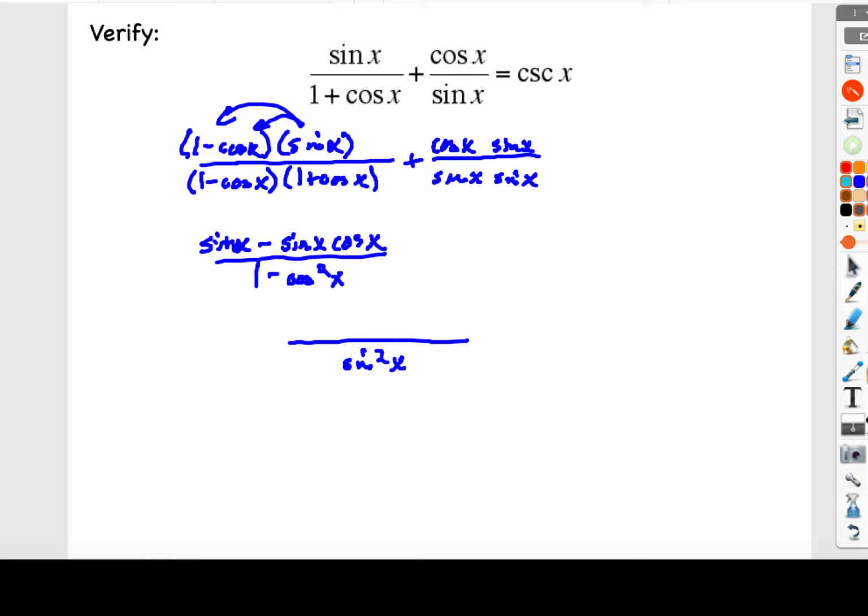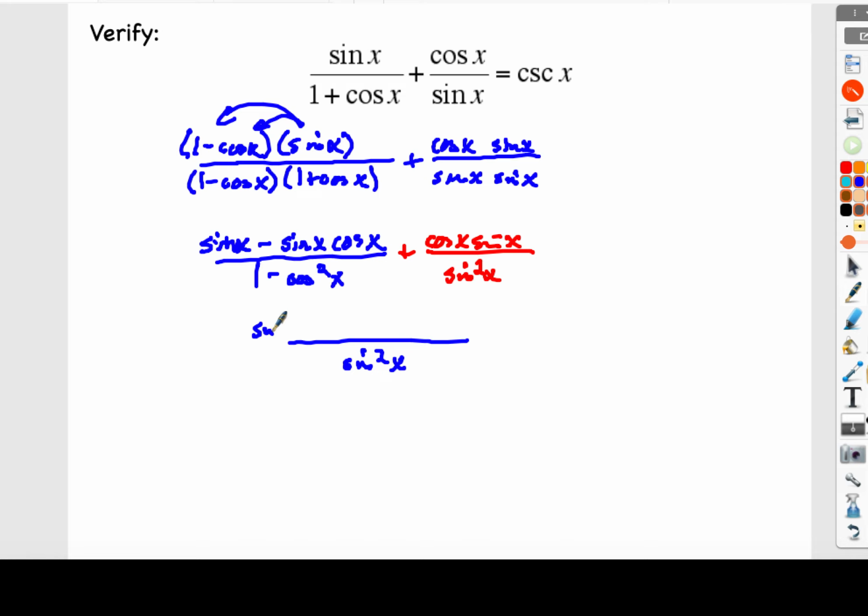I'm putting in these two statements here and here. That's equal to 1, so I can multiply by that. But in the end, that leaves us with sine squared of x and a cosine x sine x on the top. Now, because they both turn into sine squared on the bottom, we've got that common denominator.